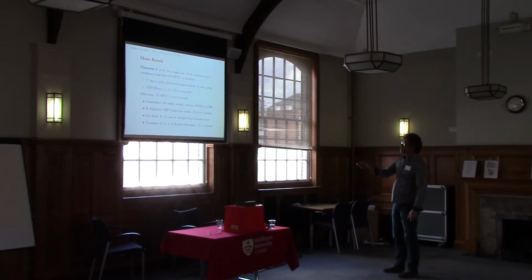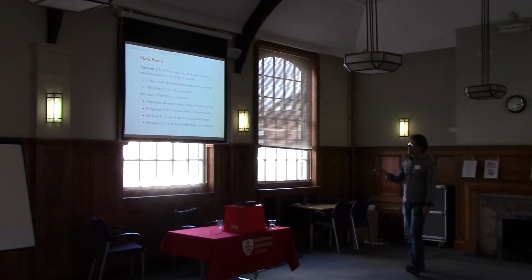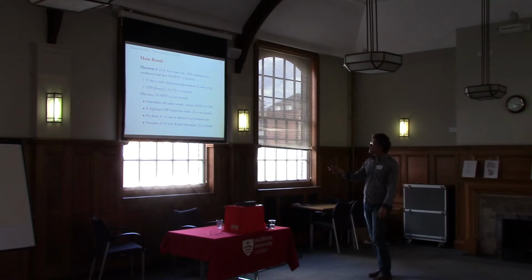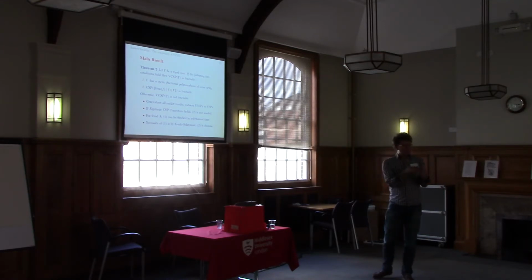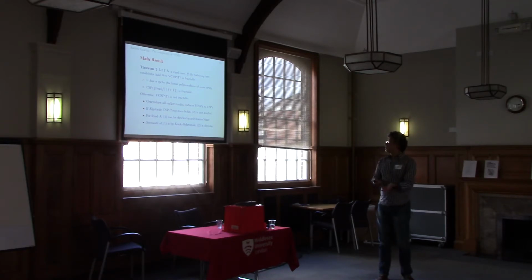So assume we have a rigid core, and assume we have our VCSP of gamma. So, sorry, our gamma satisfies the following two conditions. The first condition says that gamma has a cyclic fractional polymorphism of some arity. And the second condition says that the feasibility problem associated with your VCSP of gamma is tractable.